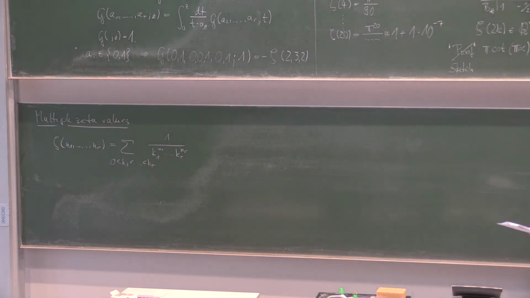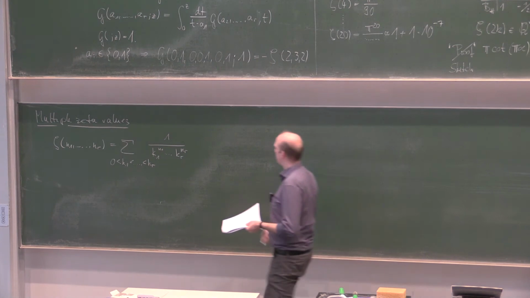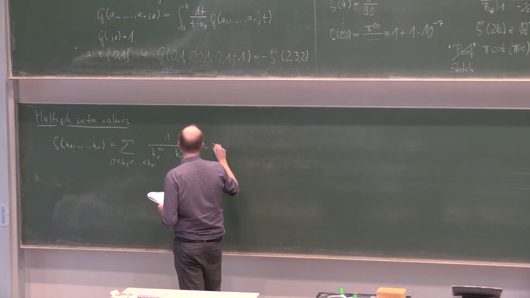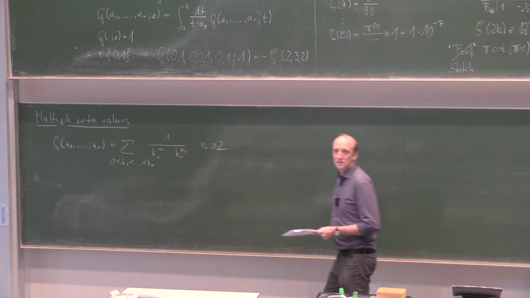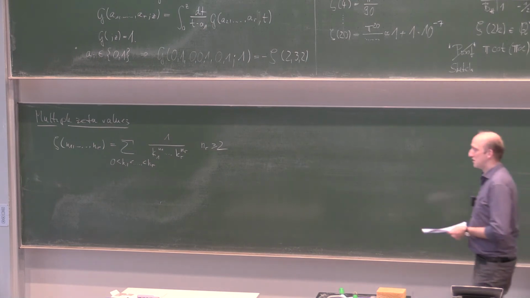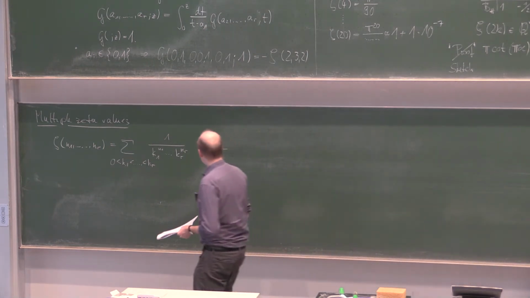I should, first of all, write down what are the realms of validity. The last one, nr, better be larger or equal to 2, otherwise you don't get a convergent expression.